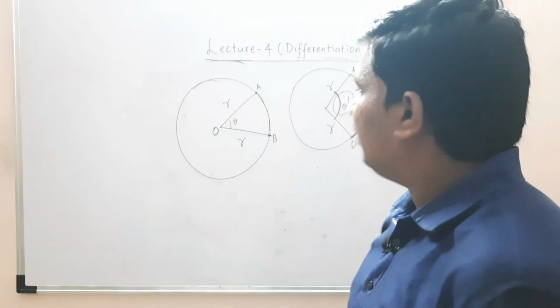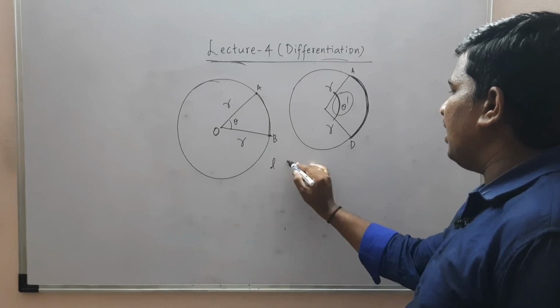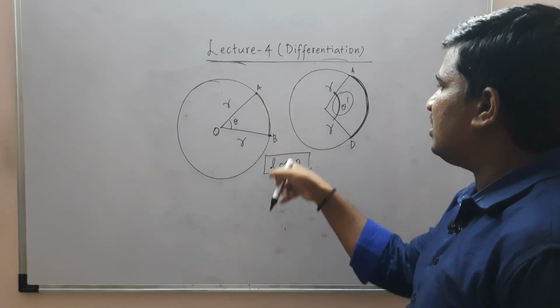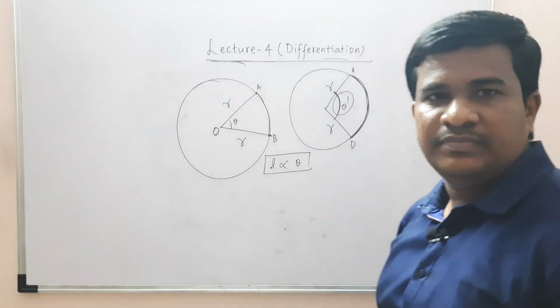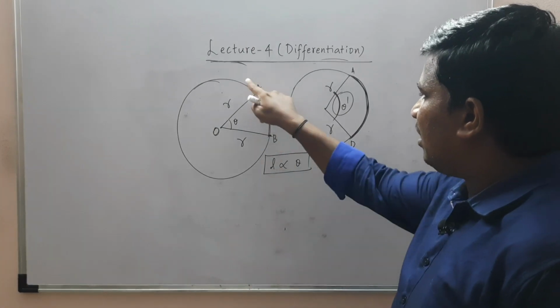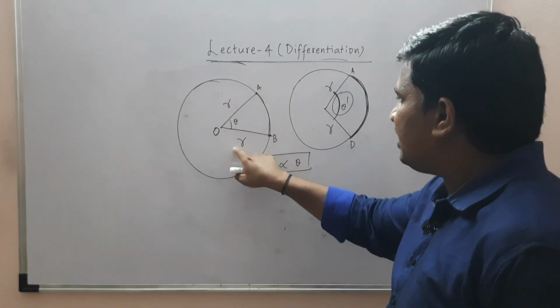Okay. So what can I write is, if L is the length of the arc, L is directly proportional to theta. The more the angle at the center, the more the length of the arc. So this keeps on changing according to the arc you consider, but obviously the radius is fixed.